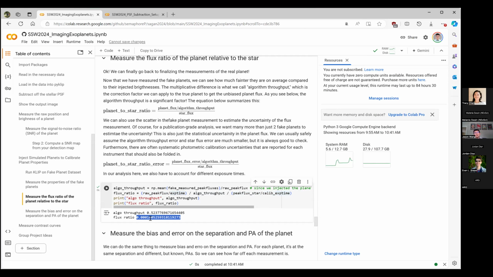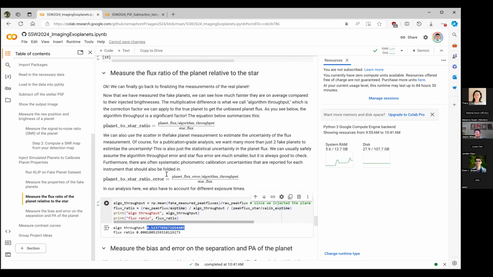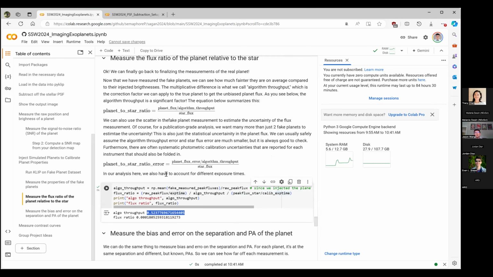That's roughly the numbers you should expect. About 2 times 10 to the minus 4, that's good. And having an algorithm throughput of about 50% is kind of expected for this procedure called angular differential imaging, where we're using the fact that the planet is rotating because the Earth is rotating.